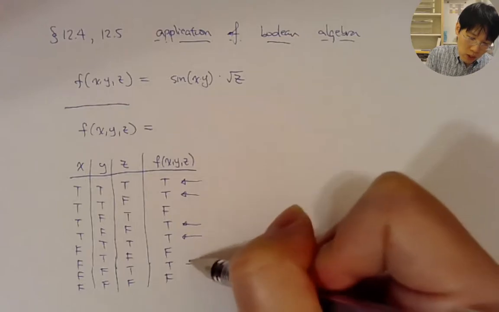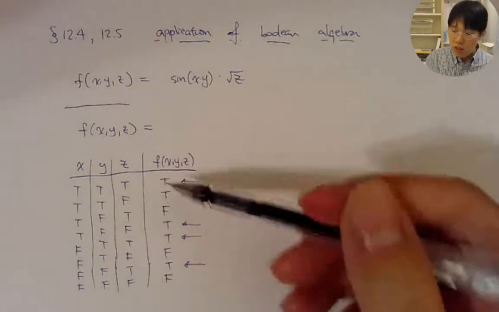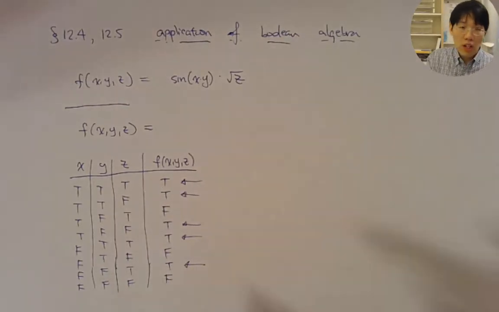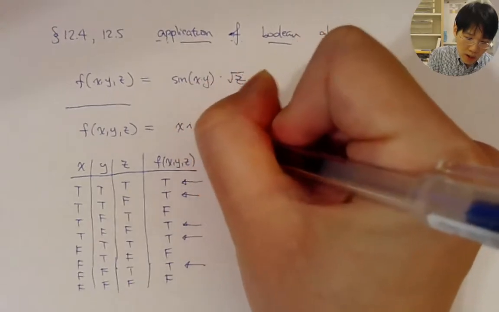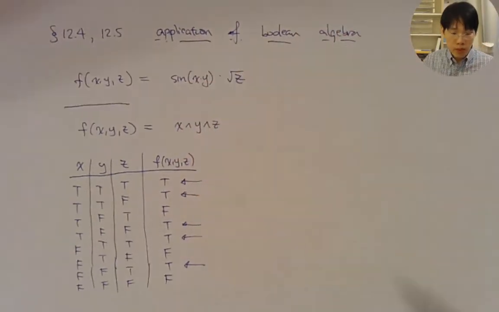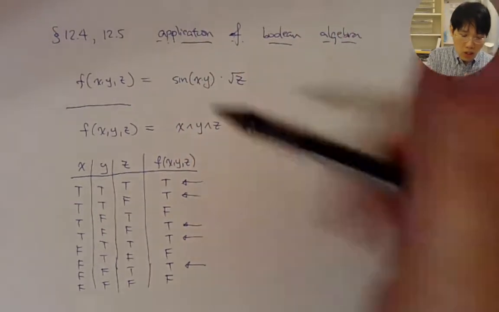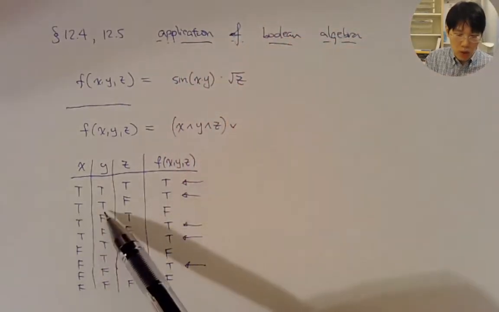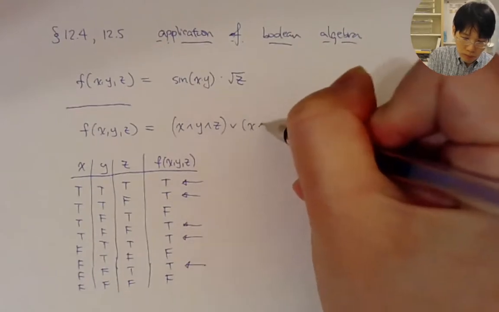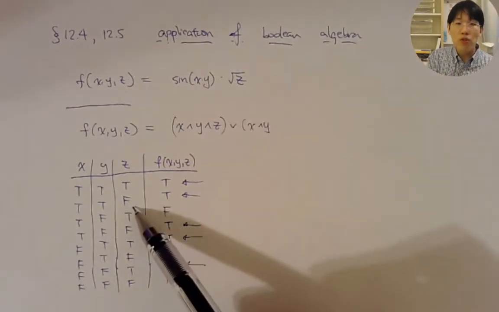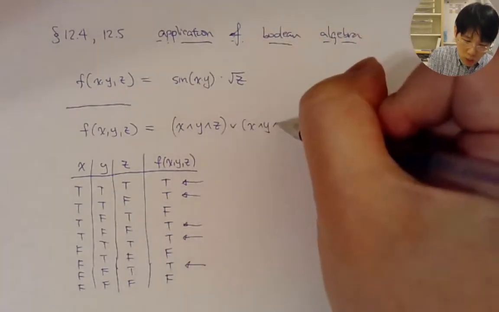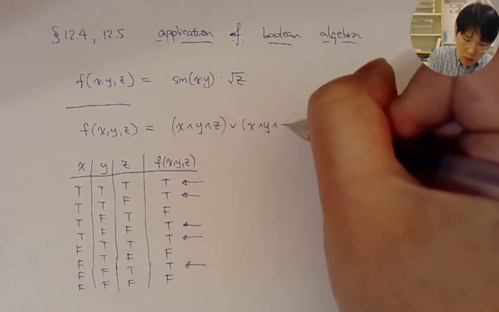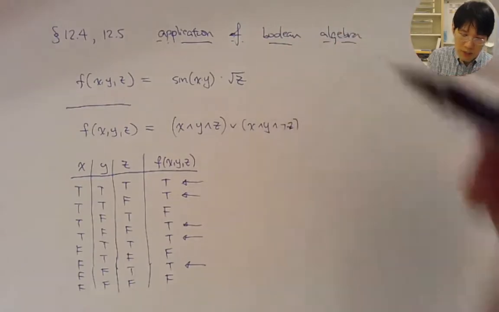So here there are 5 true cases. Let's say the first true case. That says that x and y and z are all true. The second case, so let's OR that, or perhaps x and y are true, and we insist that z is false. One way to insist that is to have the negation of z.